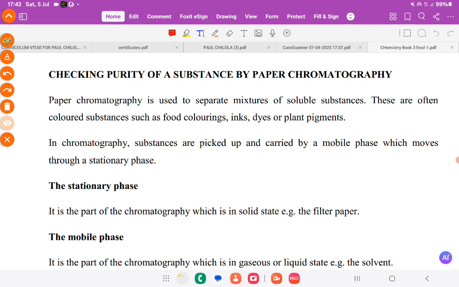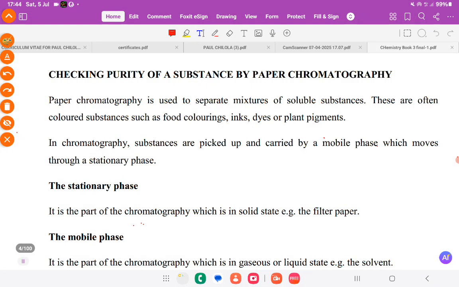We are going to continue with experimental techniques, and so far we've looked at chemical waste, definition, examples of chemical waste, and how you can safely dispose of chemical waste. All right.